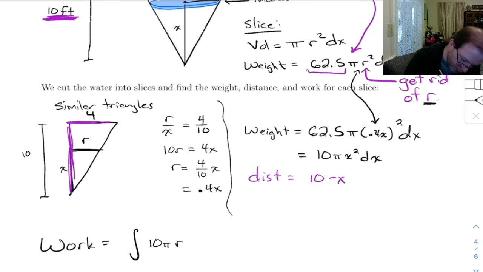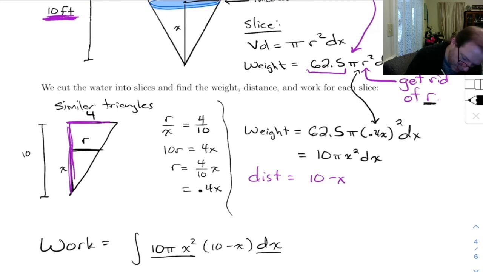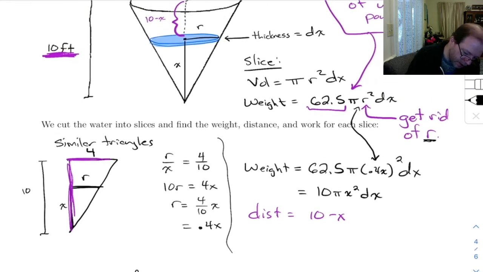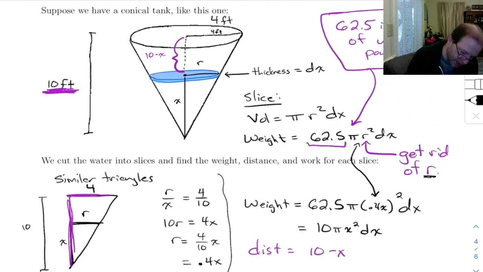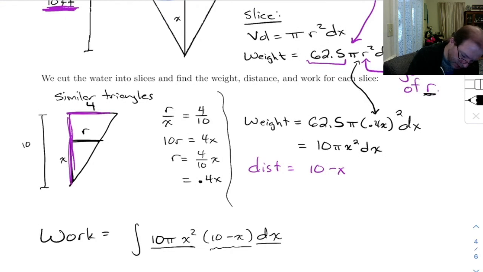Okay, so we're good to go there. Our overall integral then is the integral of 10 pi x squared times 10 minus x dx. So we've got force and then in here distance. And what are the endpoints? The integral is from 0 to 10 of this.